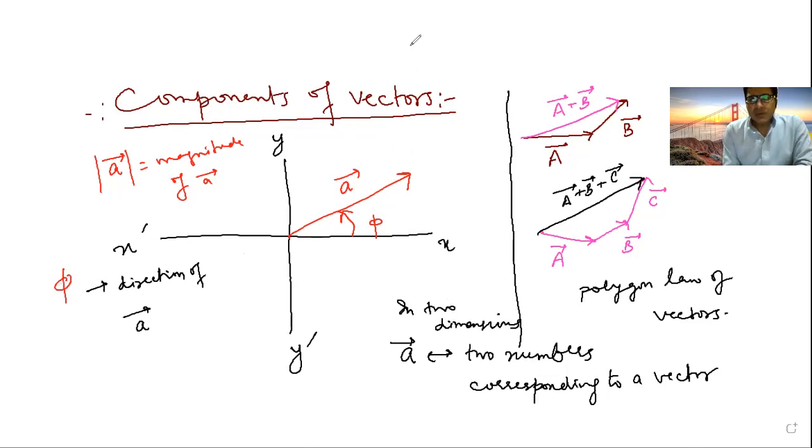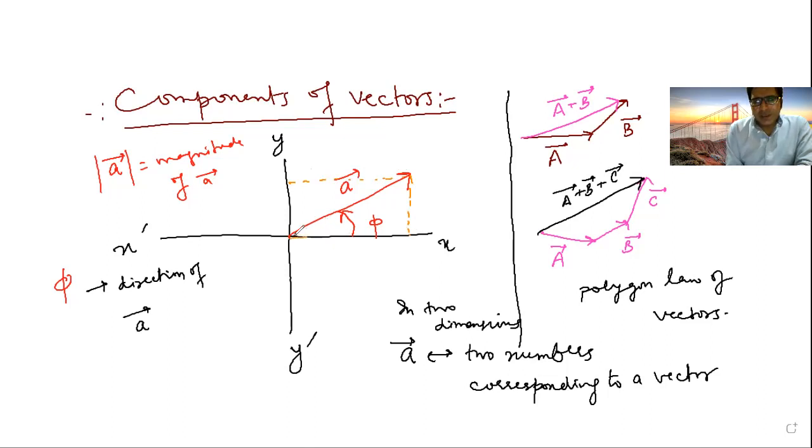Now, what is the meaning of component? See what we do. When we have a vector, we place it in this coordinate system this way, and we draw a perpendicular from the tip of the vector on the x-axis and y-axis.